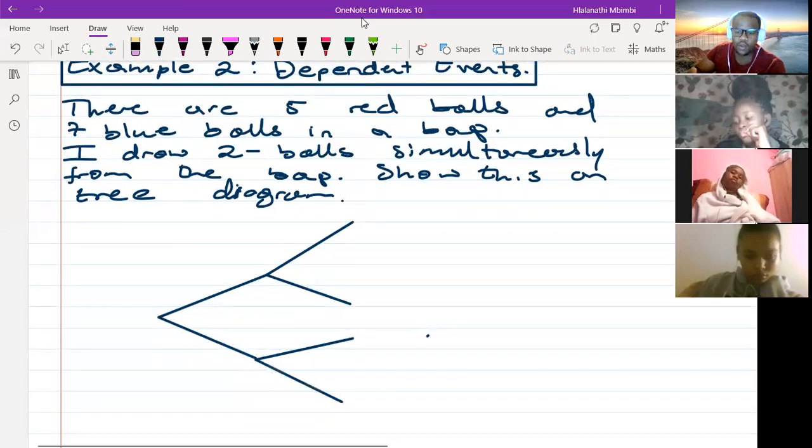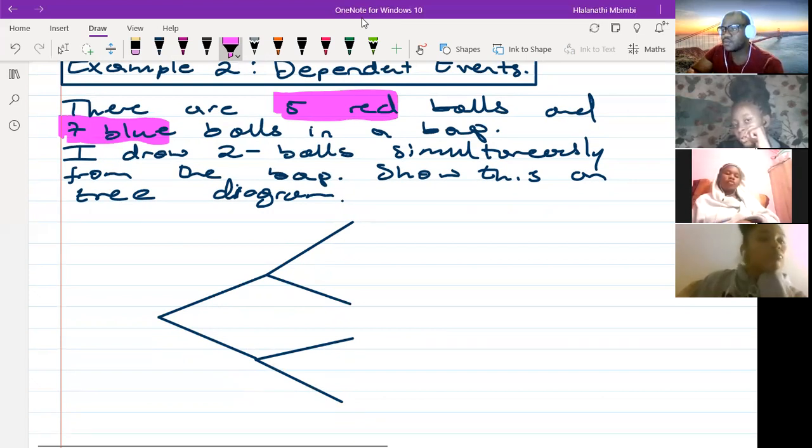So we have 5 red balls and 7 blue balls. Altogether, we have 12 balls in the bag. If we draw 2 balls simultaneously, how would this look?